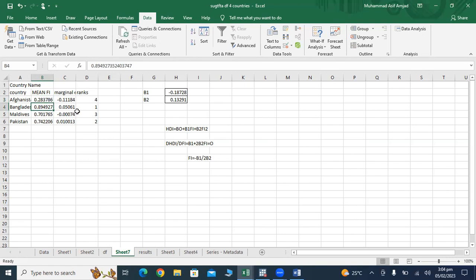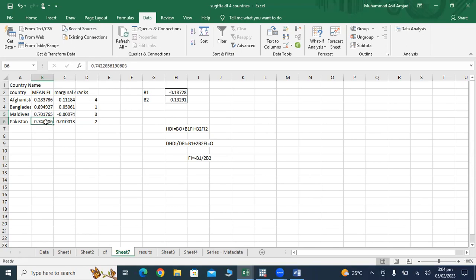Bangladesh's value is 0.89, which is greater than 0.70. It shows this country lies on the right side of the U-shaped curve. Afghanistan lies on the left side of the U-shaped curve, and Bangladesh lies on the right side. Maldives' value is 0.701765, which is near 0.70, but there is an inverse relationship.